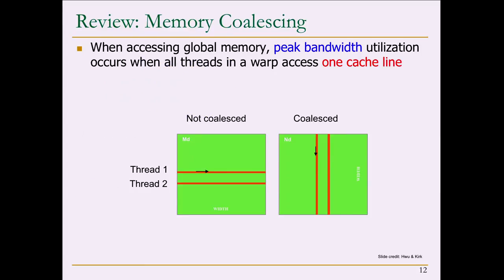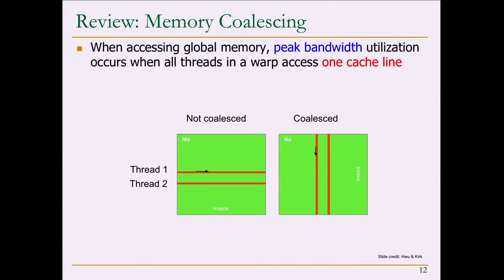We also talked the other day about memory coalescing. Memory coalescing essentially means that we are going to have adjacent threads accessing adjacent memory addresses. Typically, the ideal memory access is to have all the threads in one warp accessing all the bytes in one cache line. So that would be the most efficient access to memory.